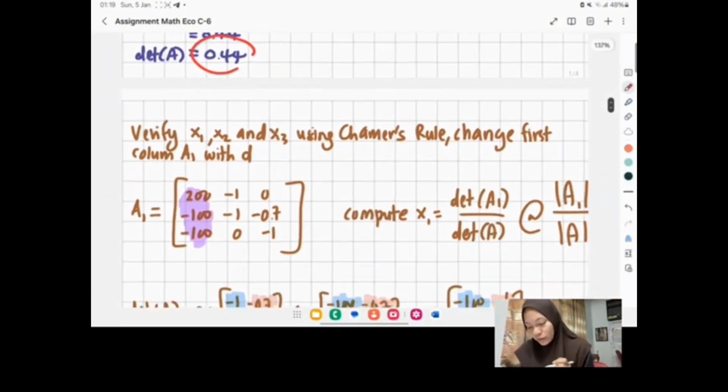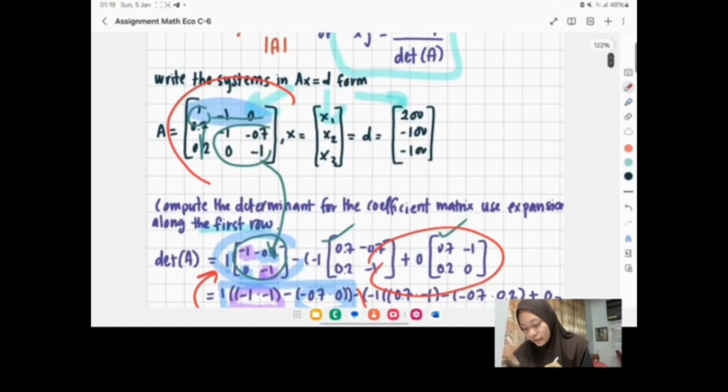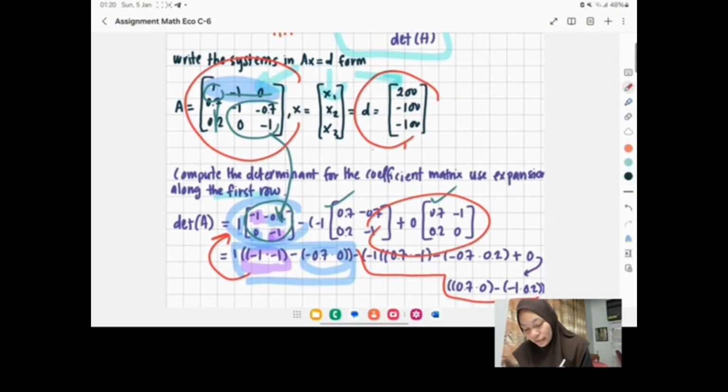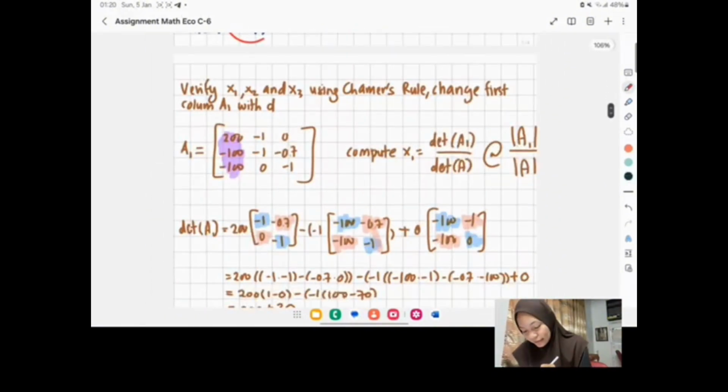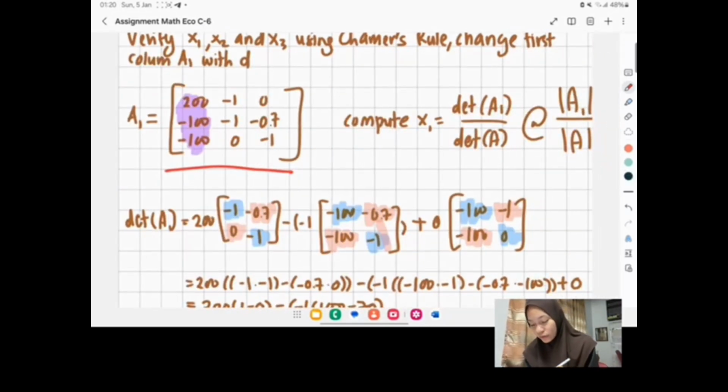And now we want to find the value of x1, x2, and x3 using Cramer's rule. Just change the first column of A, A1, with D. The original is here and D is here. You just put D in the first column like this. And we want to find the determinant A1 to find the value of x1. So we calculate, make the first row like before.